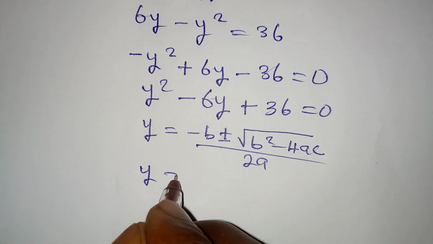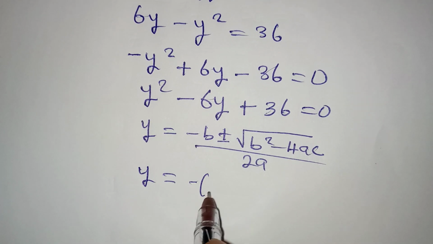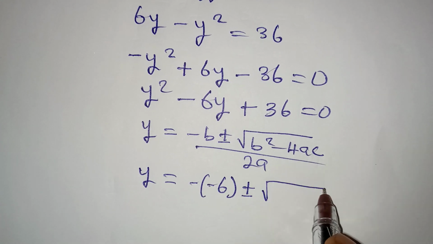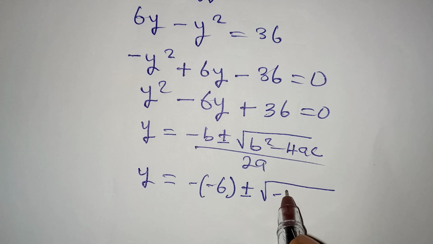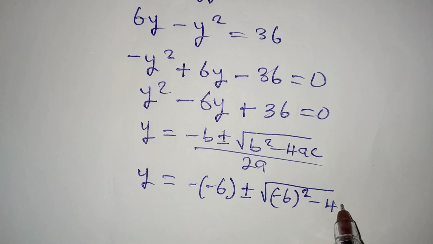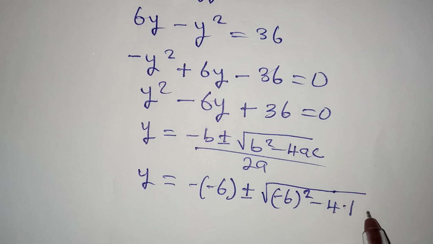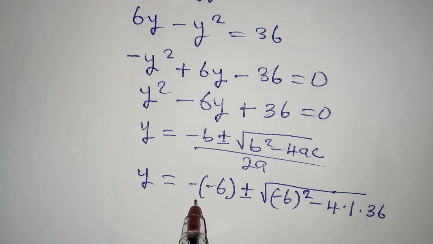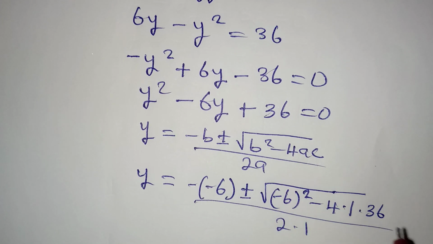We have y equal to negative -6 plus or minus the square root of b squared, which will now be -6 squared, then minus 4 times 1 times c, and our c is 36. So that the whole of this will be over 2 times 1.